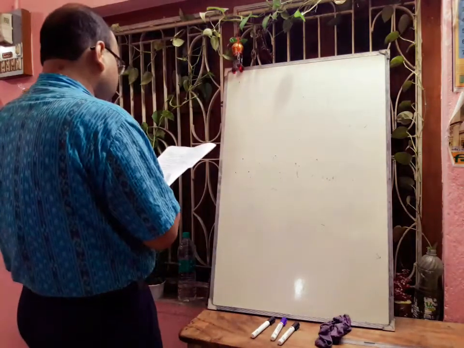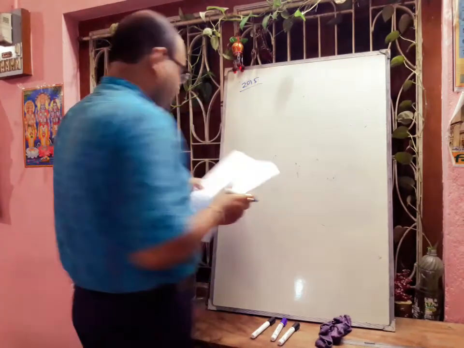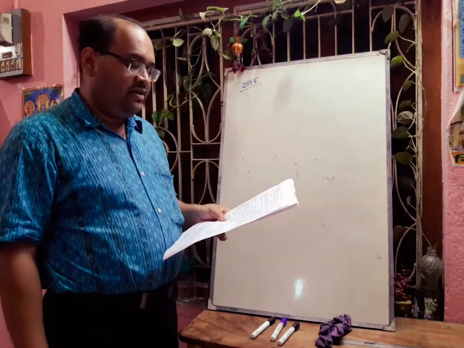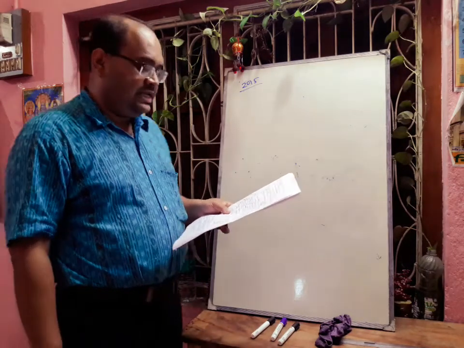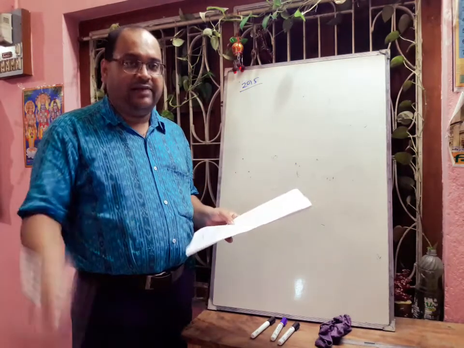Next we will discuss the year 2015. In 2015, the first question is: give a balanced equation for the following named reaction, Reimer-Tiemann reaction. You know that the Reimer-Tiemann reaction is very easy, I have already discussed it.